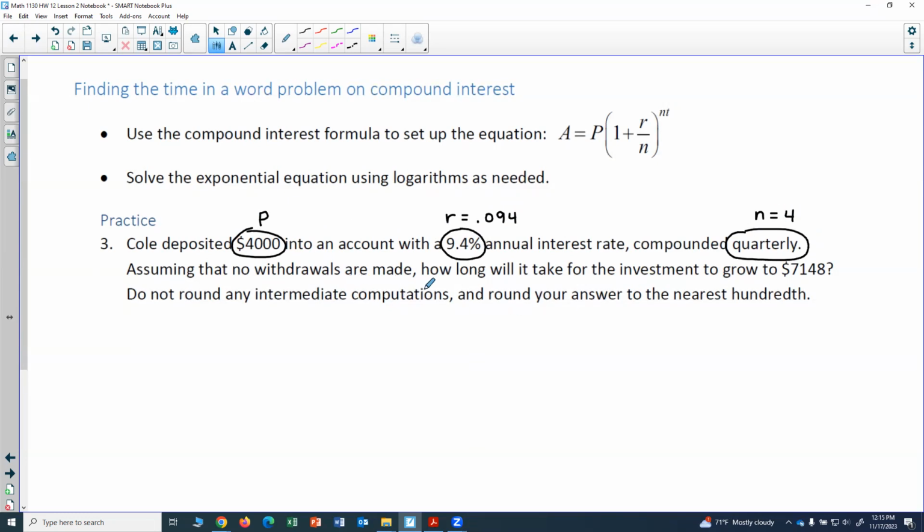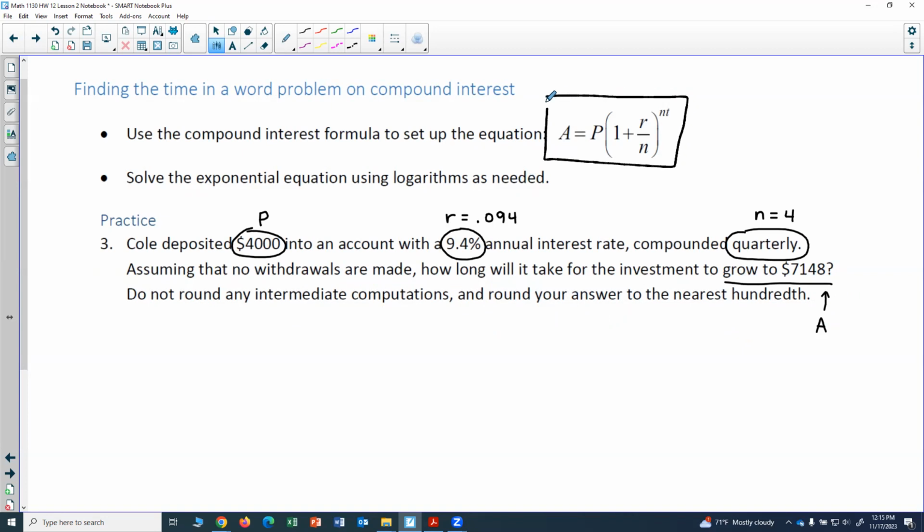Assuming that no withdrawals are made, how long will it take for the investment to grow to $7,148? So growing to that amount, that's going to be A. Do not round any intermediate computations. Round your final answer to the nearest hundredth. So I'm going to use this formula up here.